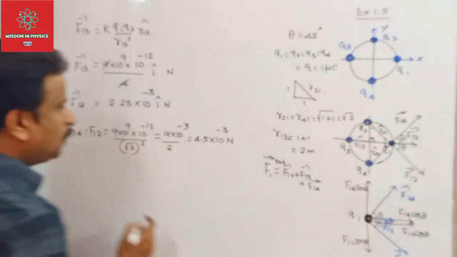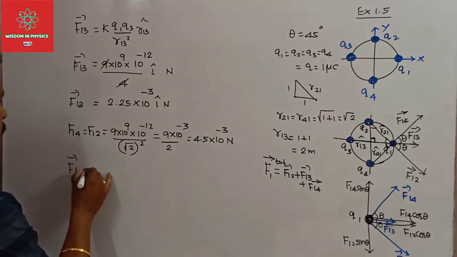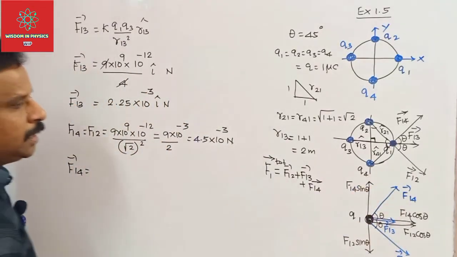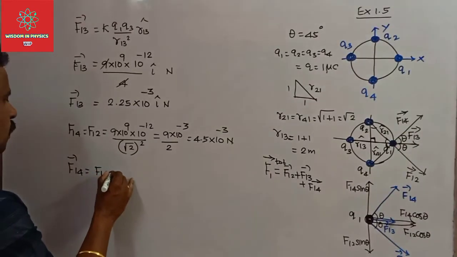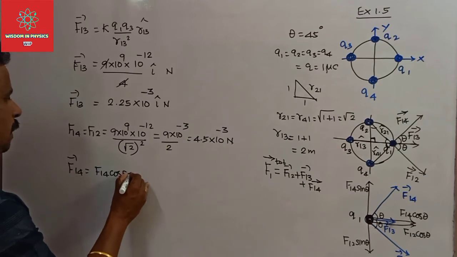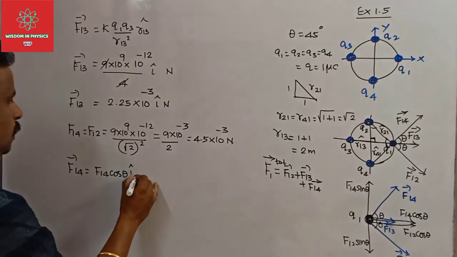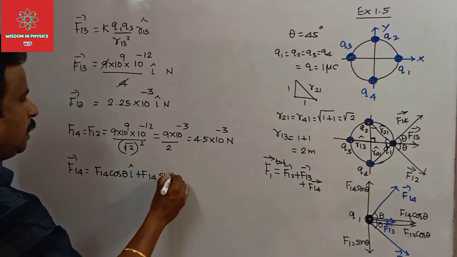Let me first find out the F14 vector. F14 vector is in the xy plane, so you can write F14 cos theta, positive x-axis, it is I cap. Then this is y axis, so this will be F14 sin theta j cap.